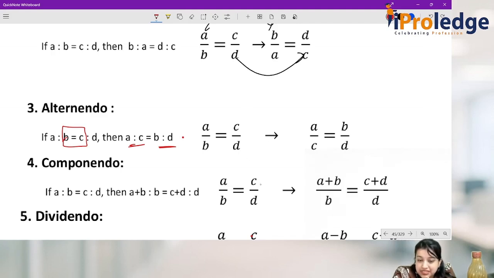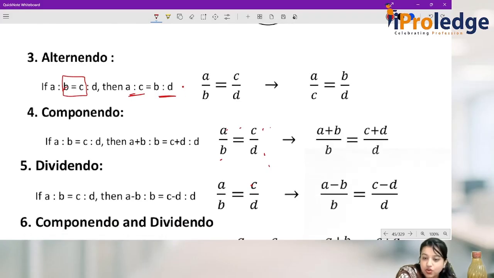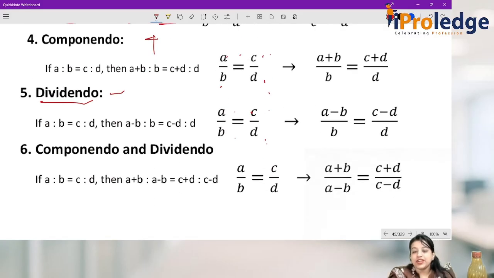So A by B, C by D becomes A plus B by B, C plus D by D. Next, dividendo means subtract: A minus B by B, C minus D by D. Next, we have componendo and dividendo: first componendo, addition, that is A plus B by A minus B, and next dividendo. Okay.